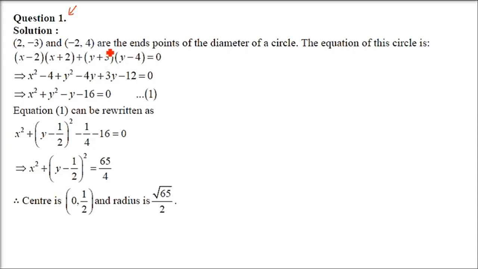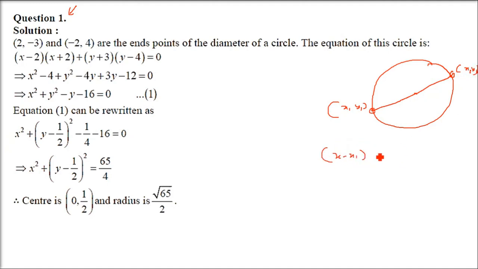So we have already discussed that when the end points of the diameter are given, we can find the circle equation. If we have a circle and any diameter, and the end points of the diameter are given, say x1, y1 and x2, y2, then the equation will be (x - x1)(x - x2) + (y - y1)(y - y2) = 0.